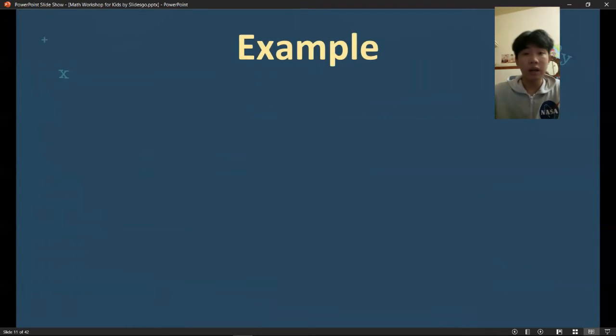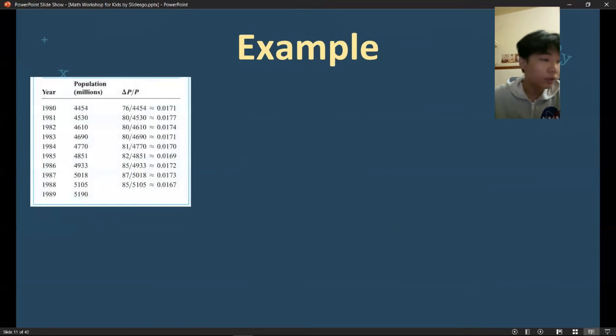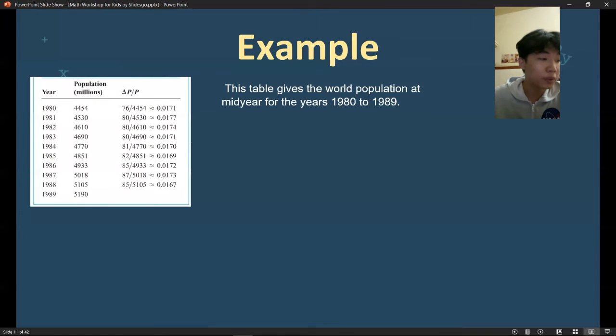Then we have the new equation for k, the relative growth rate. If we look at one example of it, this table gives the world population mid-year from the year 1980 to 1989.